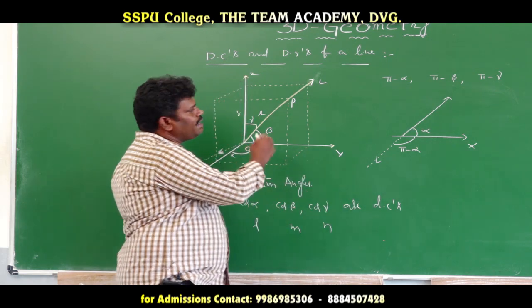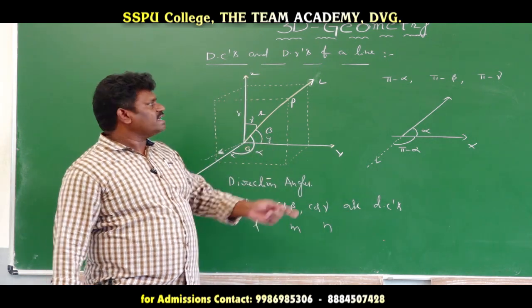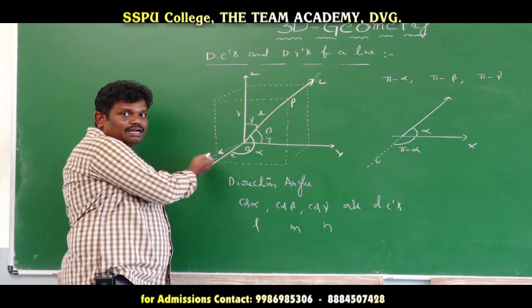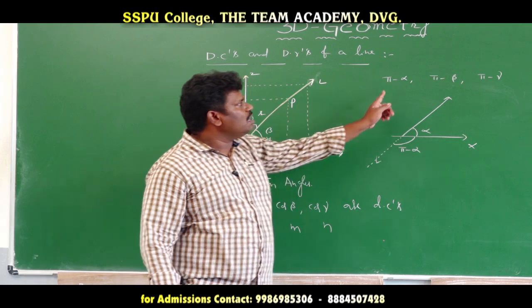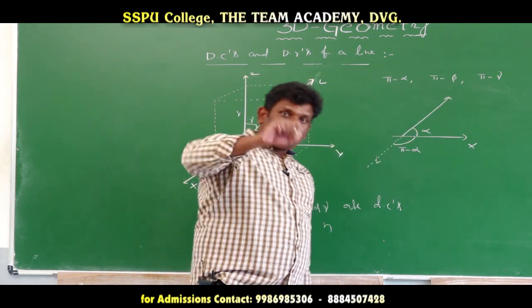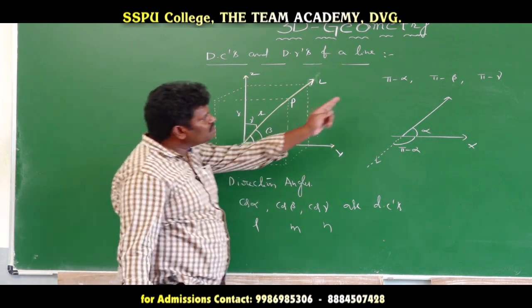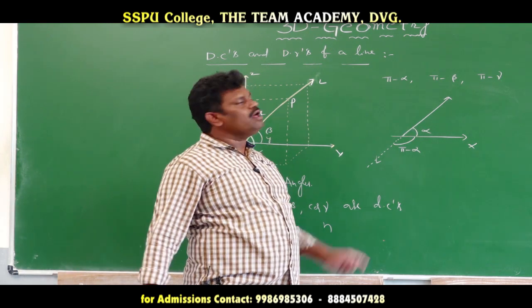Like that only, the remaining axes also, y-axis and z-axis. These are the direction angles of the directed line in this direction. Now if you want to find the direction cosines of the directed line in this direction, these values we calculate in terms of the cosine function.